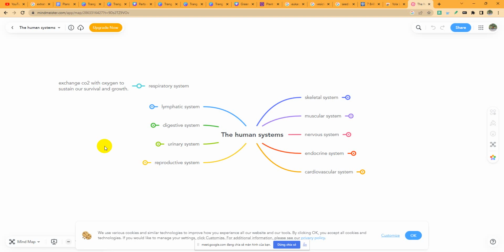Basically, it is the exchange of carbon dioxide with oxygen to sustain our survival and growth. So we have these concepts, which are a little bit complicated. I'm so sorry, I'm just too lethargic to even write the complete word, but basically carbon dioxide.